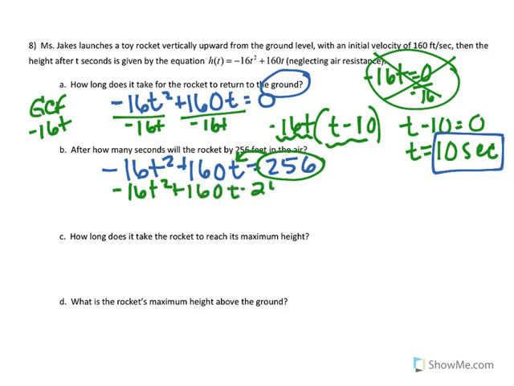When we move it to the other side, it's going to become negative. Now we can pull out a GCF. We're kind of factoring the same things, so we know this is just going to be negative 16. So I'm going to pull out negative 16 from each of these terms.